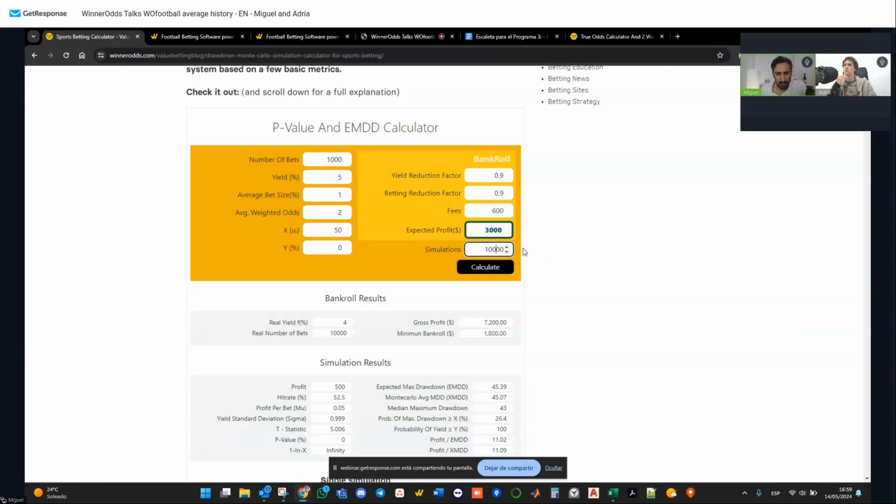Okay, with this calculator, what I obtain is, my real yield will be 4.5, that is 90% of the yield. The number of bets I will place is 1,000, then I place 900. My gross profit is the sum of the fees and the expected net profit. And which is the bankroll I need?